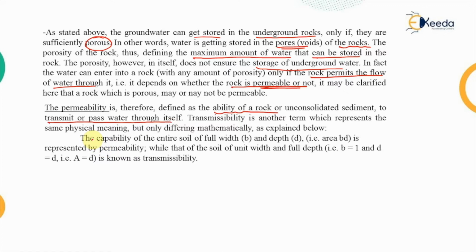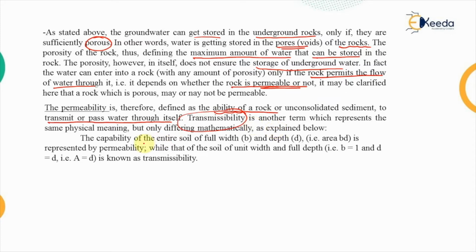That ability of the rock is known as the permeability, whether the rock is permeable or not. Now, related to this permeability, there is another term known as the transmissibility, whether the water is transmissible from the depth of the soil or not.